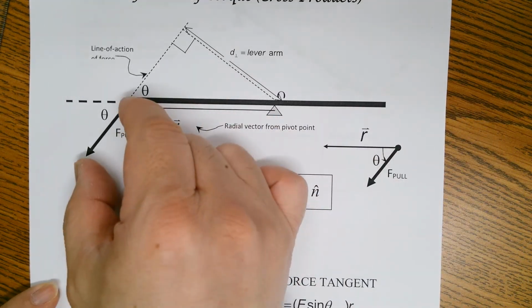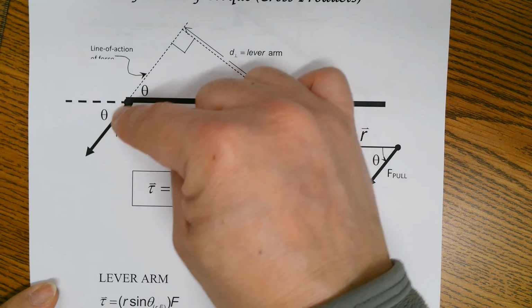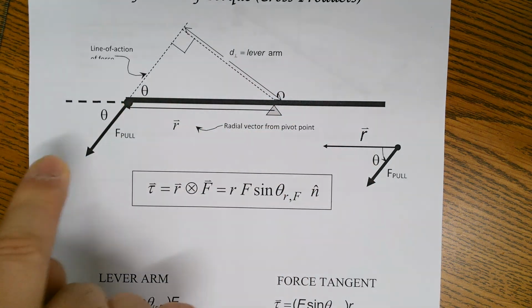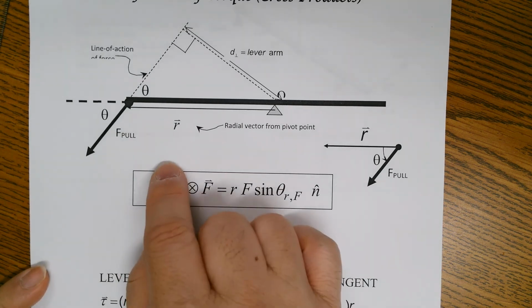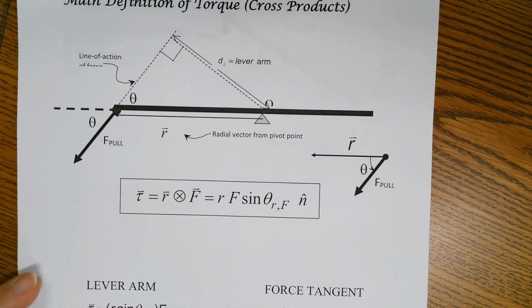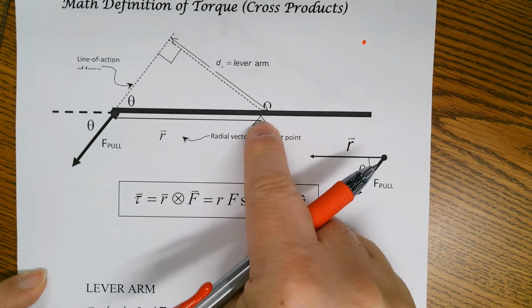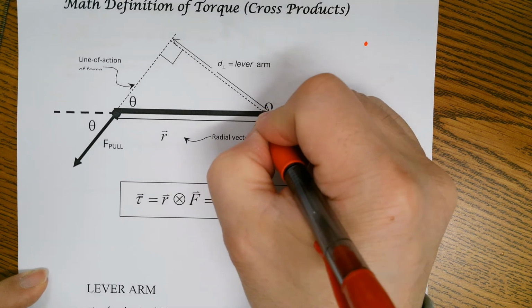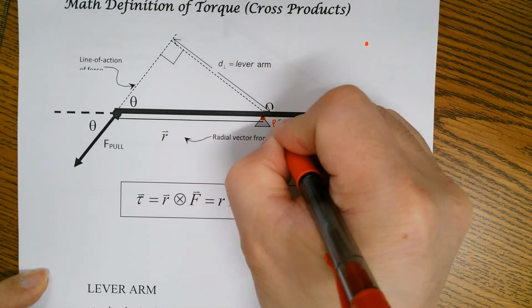Then the force itself is being applied at that location at a certain angle, like so. So when this happens, what you need to do is redraw this pivot point somewhere away from this. So this is the pivot point, PP.